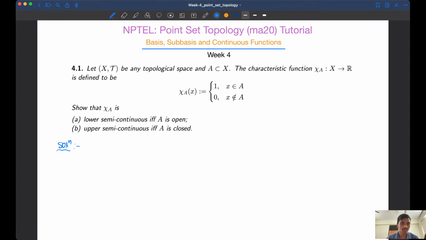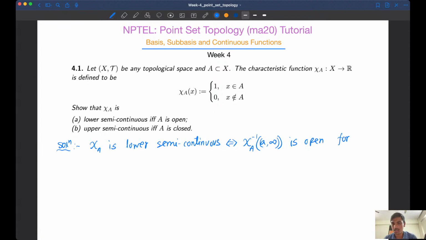So the function chi_A is lower semi-continuous if and only if chi inverse of (a, infinity), this open interval, is open for any a in minus infinity less than or equal to a less than or equal to infinity.